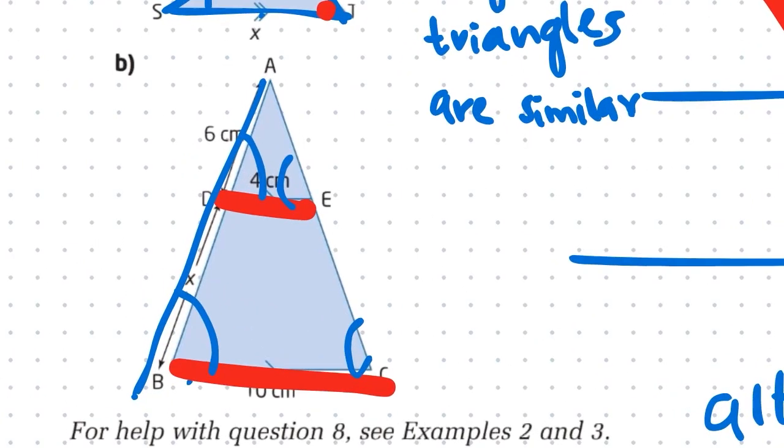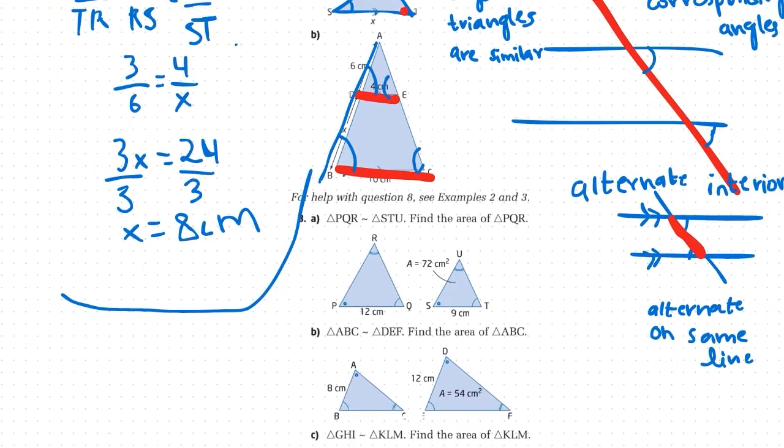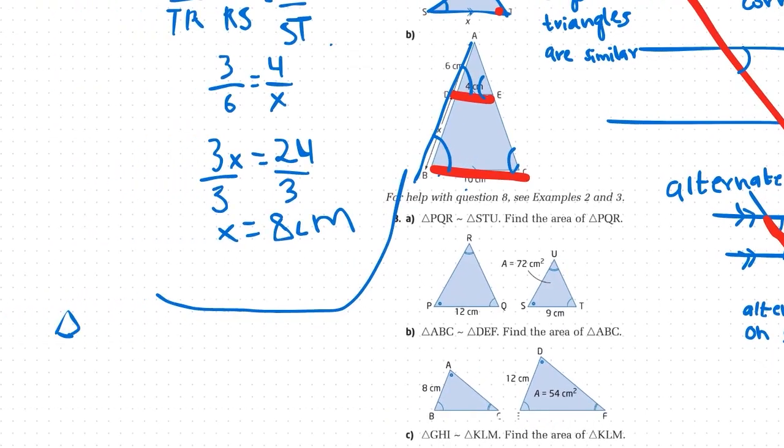So that means they're similar triangles. Now that you understood the triangles are similar, you have to write the statement. Triangle what is similar to triangle what? Triangle ADE is similar to triangle ABC.